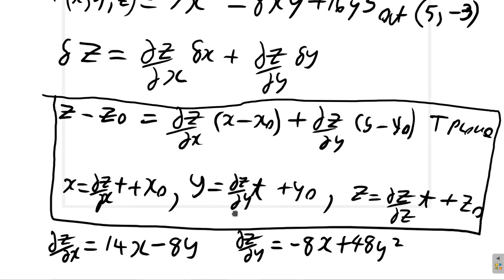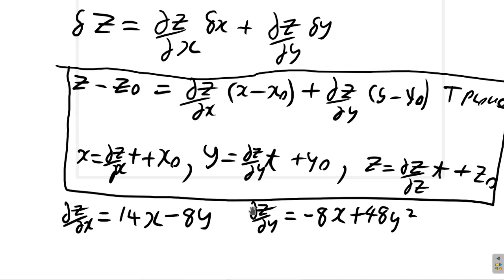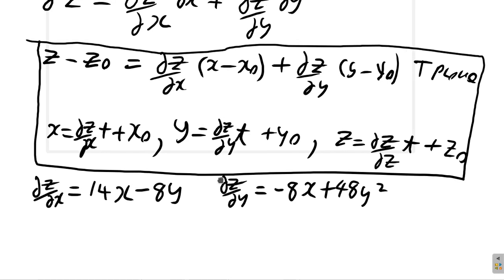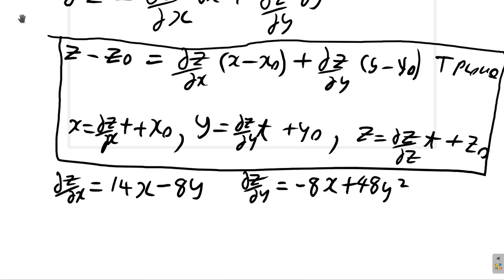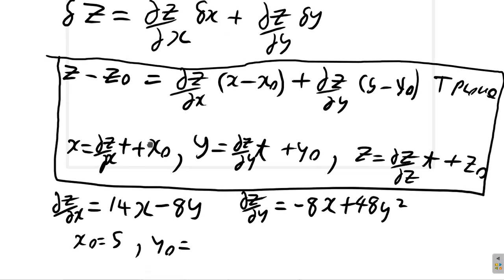Now, we want the tangent plane. Now here, we have x naught equal 5, y naught equals negative 3.